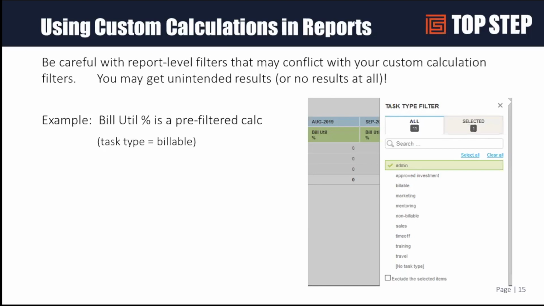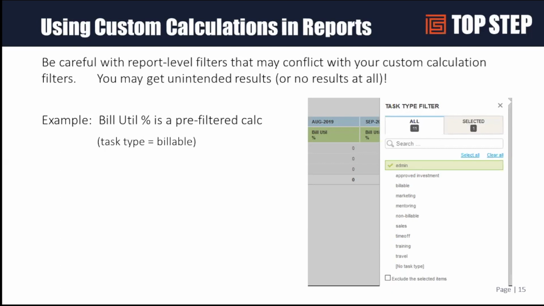The name itself implies that it's a pre-filtered calculation. And in fact, in our system, we've defined it as a filtered time value that's filtering by the task type of billable.